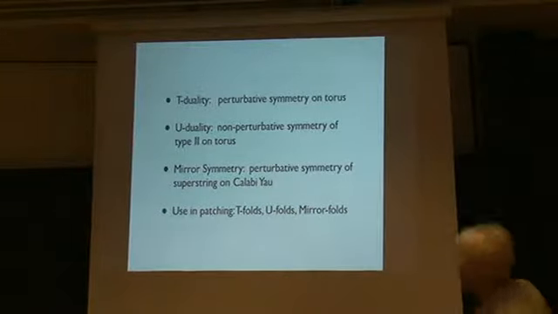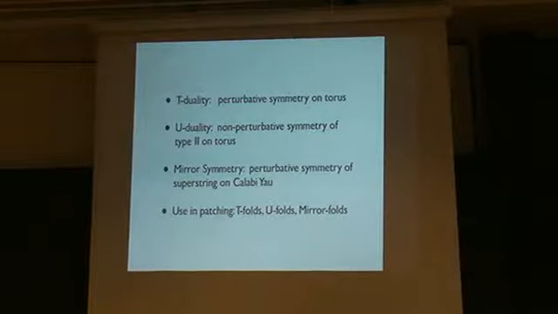So some of the kinds of dualities which arise in string theory are the T-duality, which is the perturbative symmetry of strings compactified on the torus, or more generally on spaces with a torus fibration. And this arises in all string theories, bosonic and superstrings. There's the U-duality symmetry, which is the non-perturbative symmetry of the type 2 string theory compactified on the torus, or more generally on a manifold with a torus fibration.